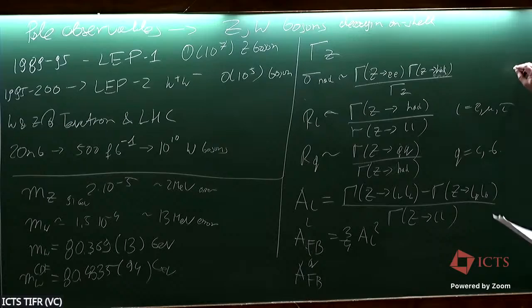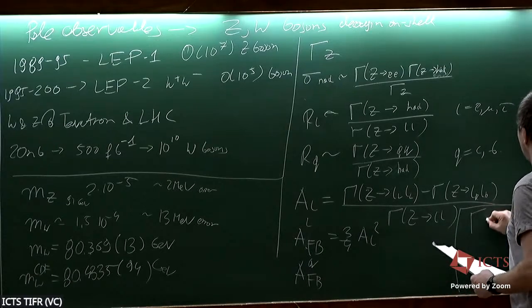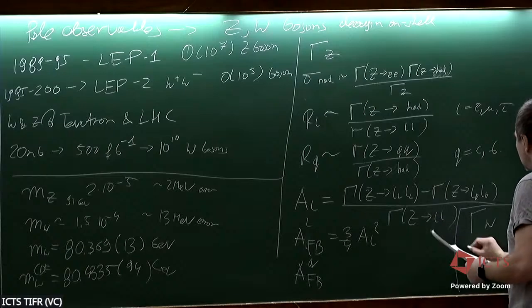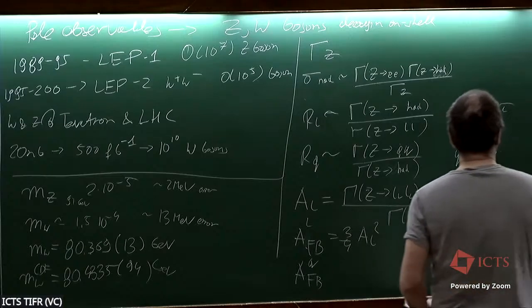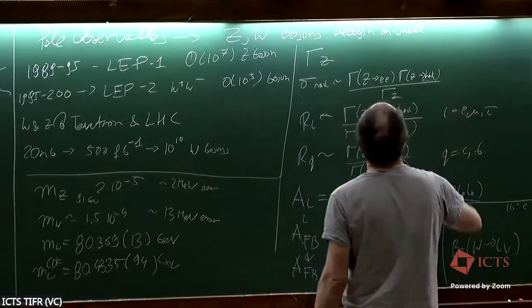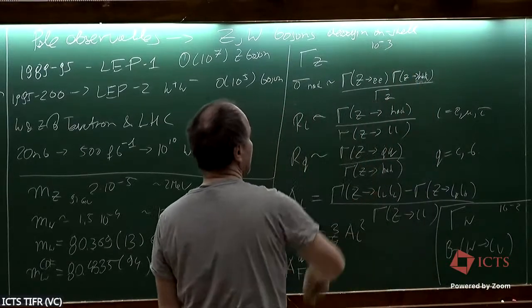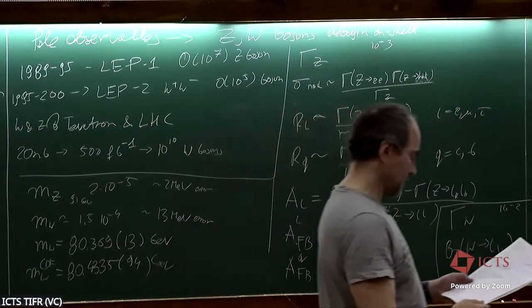For the W boson, we also have a measurement of the total width and branching ratios into leptons. But here the precision is something more like 10 to the minus 2. So for Z it is 10 to the minus 3 precision, and for the W bosons a bit weaker.